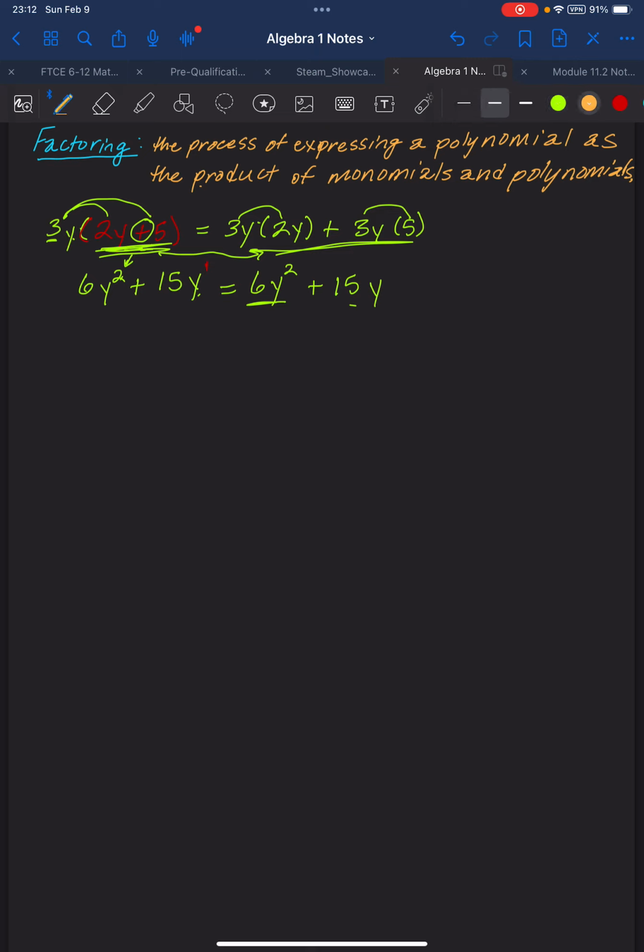Now, if you look here, we're going to review something called our GCF. And GCF stands for our greatest common factor. And let's do this. We'll make these different colors so it stands out.